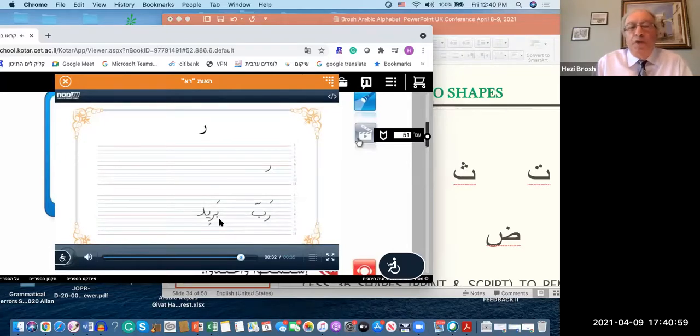Pay attention to the barid. That's the ba from line 5 to line 6. Then ra starts on line 6 and going down.